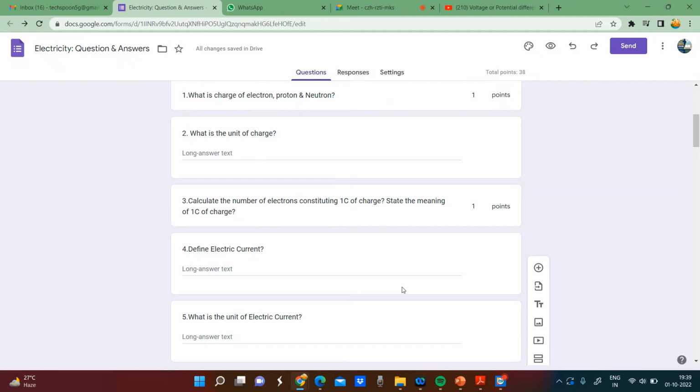I'm telling the answer. Assume there are small letter n number of electrons present in 1 coulomb charge.